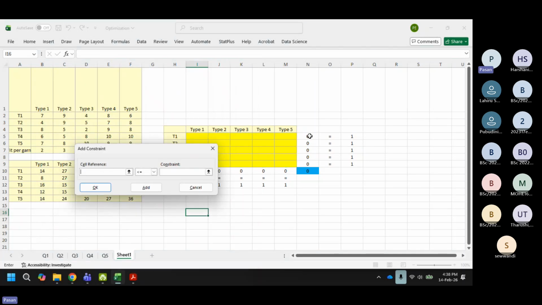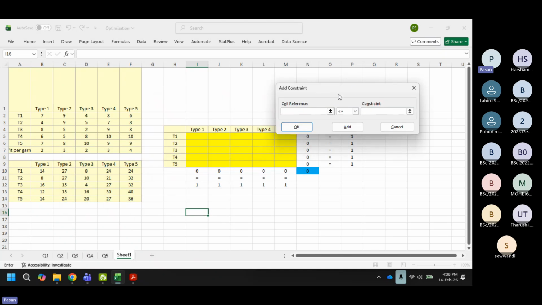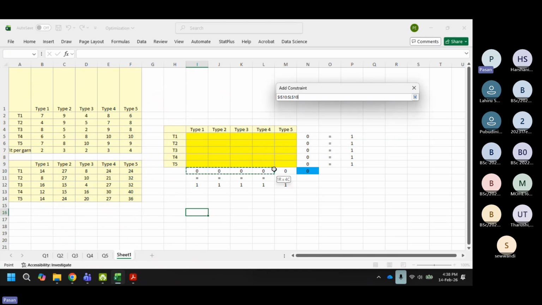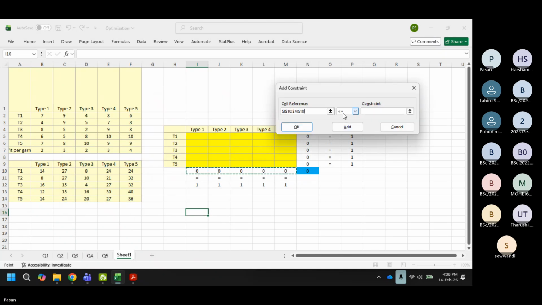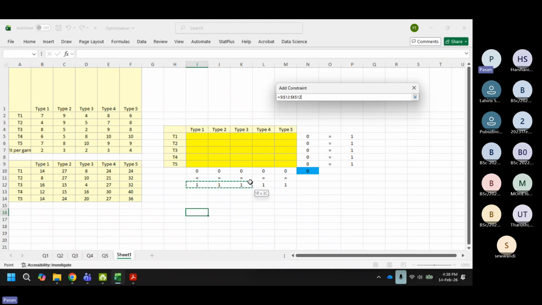I can say that this set here is equal to this set here. That's one constraint I can have. And then I can take this set here, and they are equal to this one here.